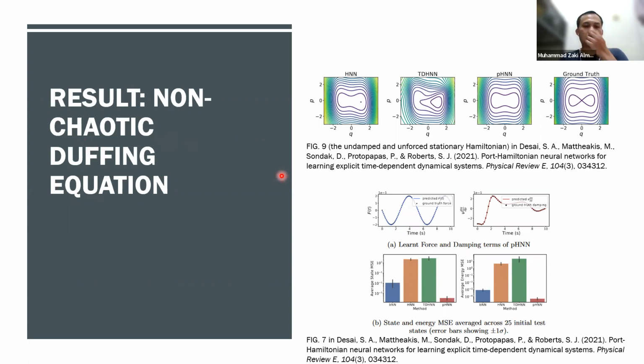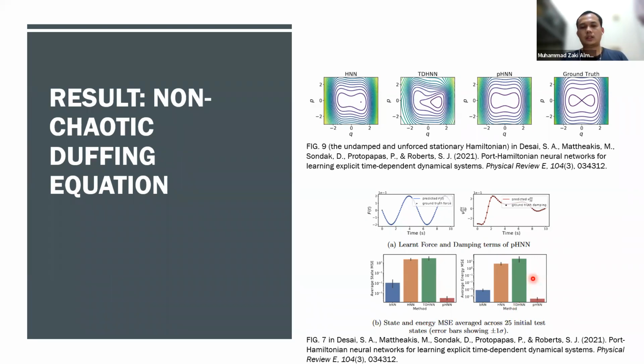In the chaotic system, basically the Port-Hamiltonian and baseline work better than the standard Hamiltonian and time-dependent Hamiltonian neural networks.